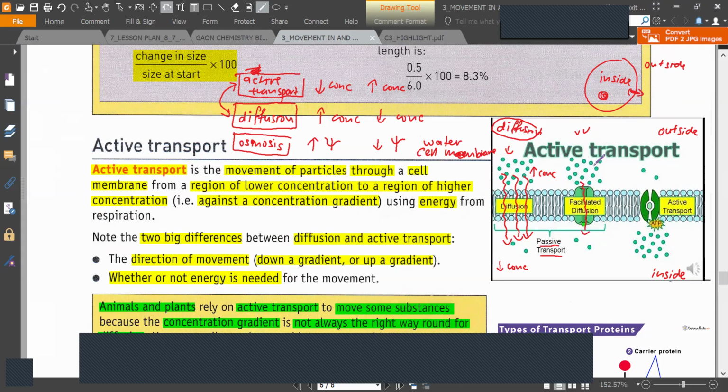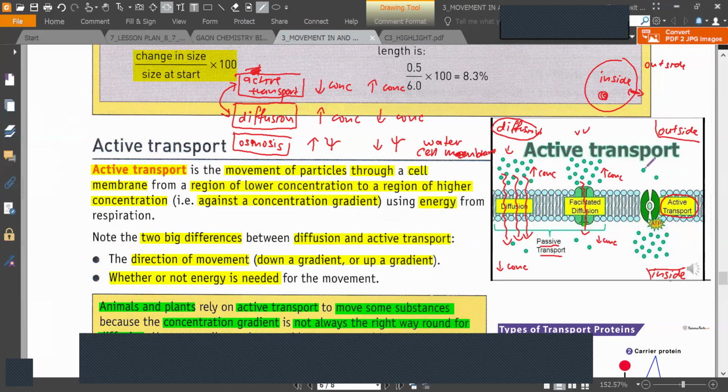No problem, it's still going from high concentration to low concentration. And then we have the third type, which is active transport. What does active transport mean?